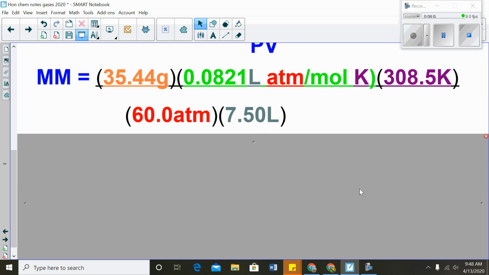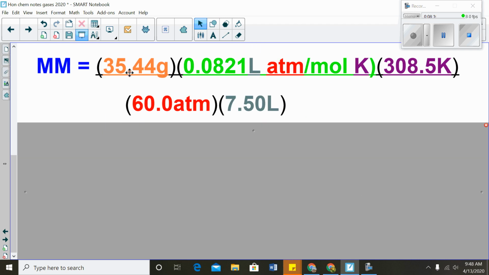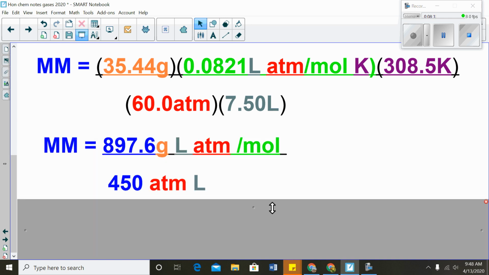Okay. So now the next thing you need to do is multiply the top. The bottom gets left alone. So I know some of you, again, can just plug this in and solve, but I'm going through this step by step, particularly for the units here. Okay, so when I multiply 35.44 times 0.0821 times 308.5, I get 897.6.